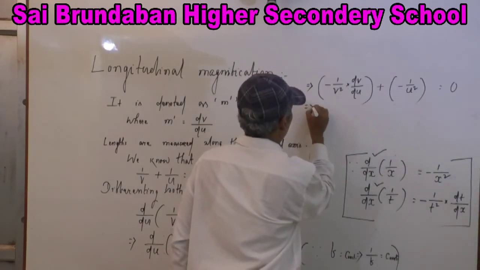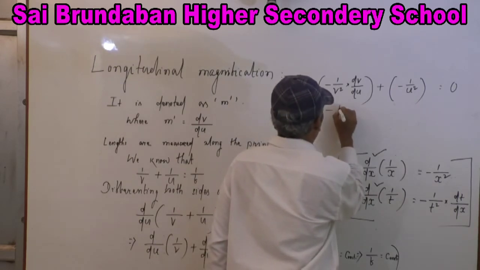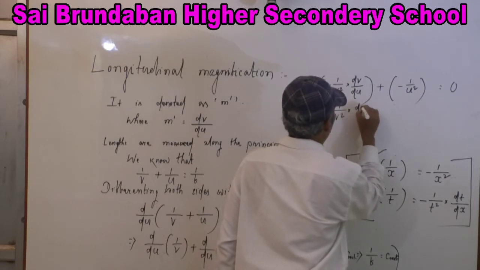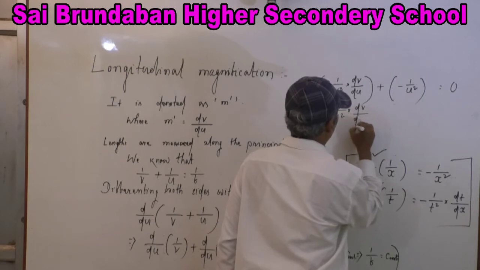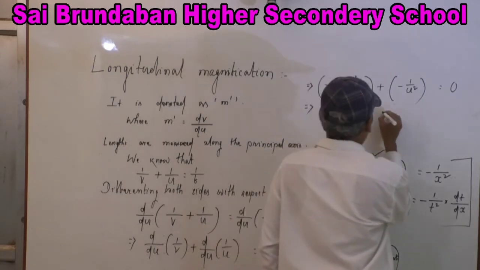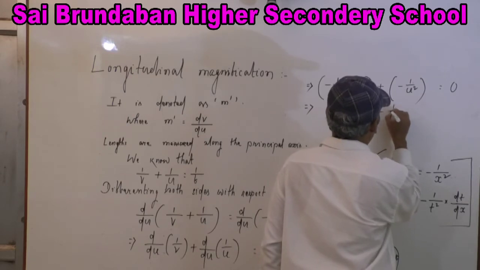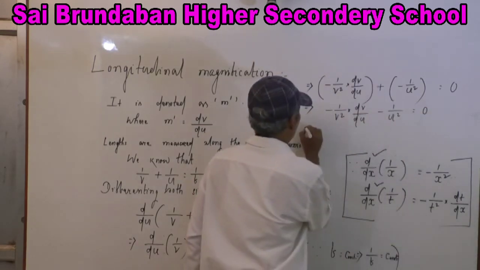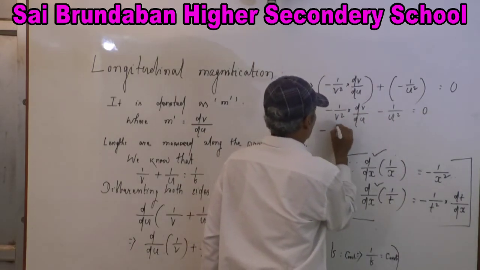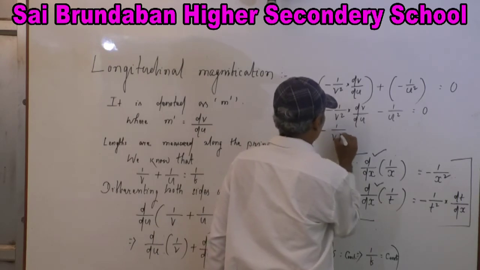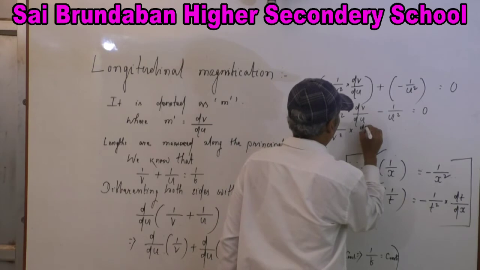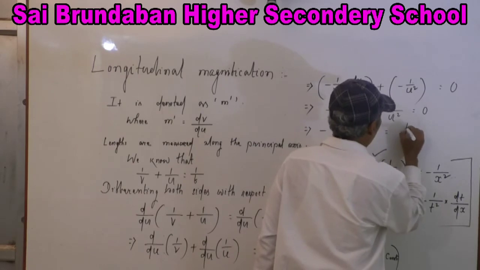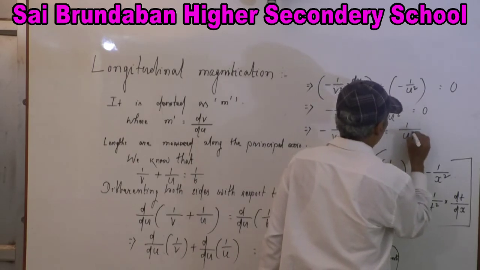Implies minus 1 by v square into dv by du minus 1 by u square is equal to 0, implies minus 1 by v square into dv by du is equal to 1 by u square.